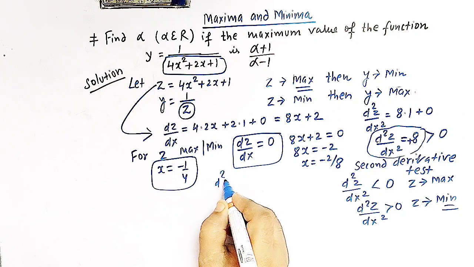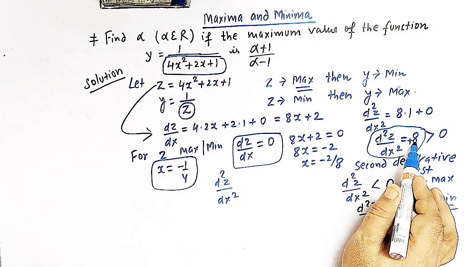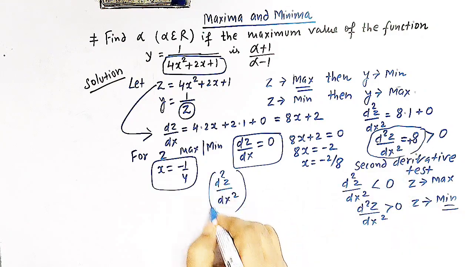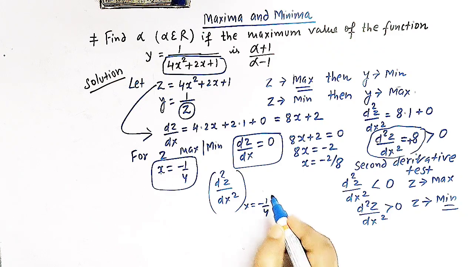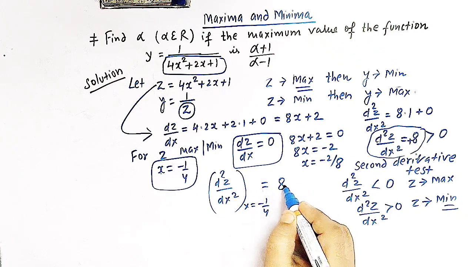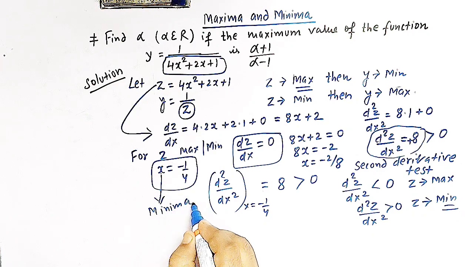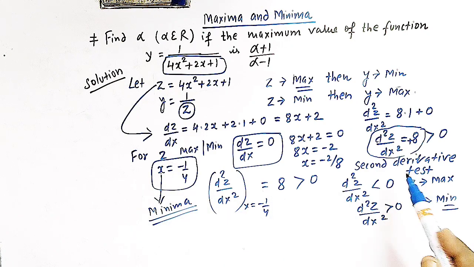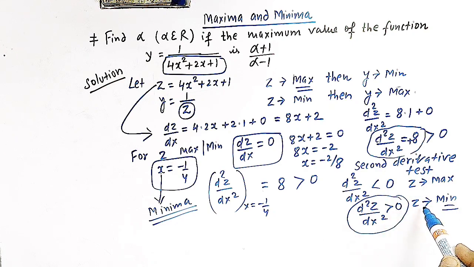Now see, the second derivative is independent of x because this is a constant here. So the value of the second derivative at this point, that is x equal to -1/4, remains 8, and 8 is positive, that is greater than 0. So this point is a point of minima due to the second derivative test, because the second derivative is greater than 0 when z is minimum.